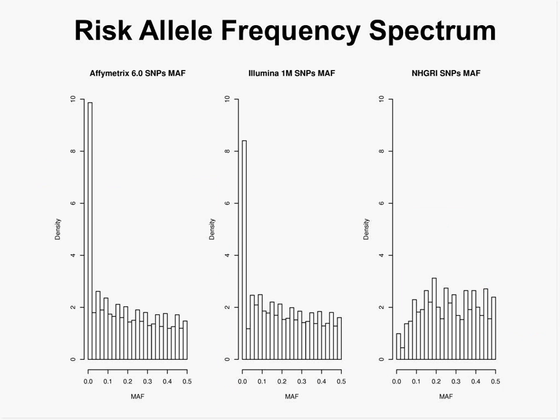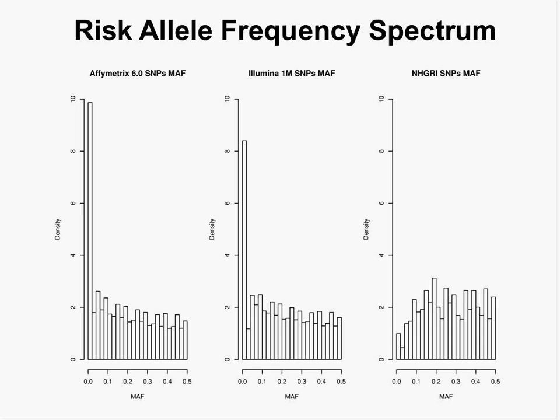We're spending a lot more time these days thinking about the risk allele frequency spectrum, and some of this comes out of the earlier papers from the NHGRI catalog. So contrary to popular belief, it's not that the GWAS chips did not include any rare variants.